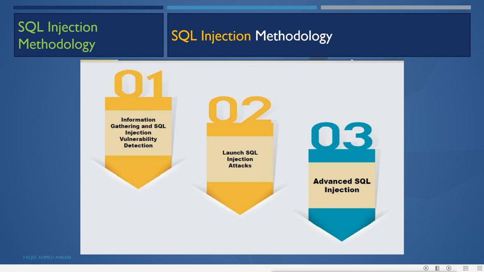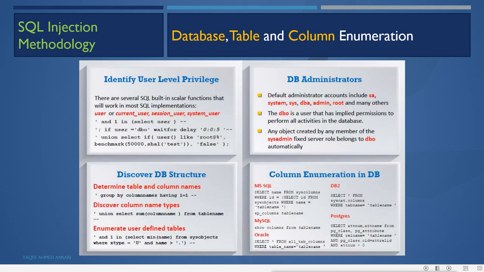Now advanced SQL injections. These SQL injections are for database table and column enumeration. For doing the database table and column enumeration, try to check the database table and column names. First, identify user level privileges.